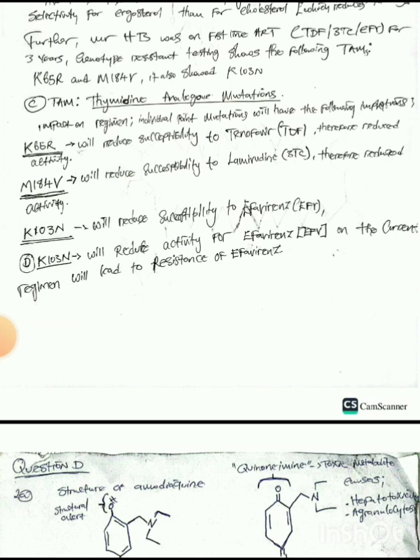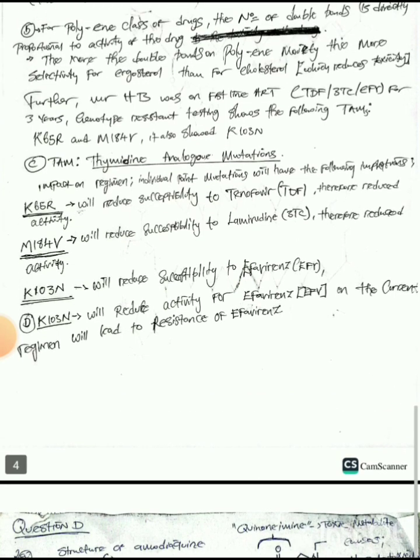For K103N, this will result in reduced susceptibility to efavirenz, which is present in the regimen that Mr. HB is taking on the current regimen. This reduced susceptibility will lead to reduced activity of efavirenz.